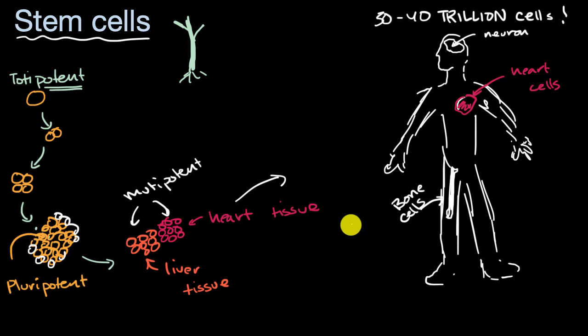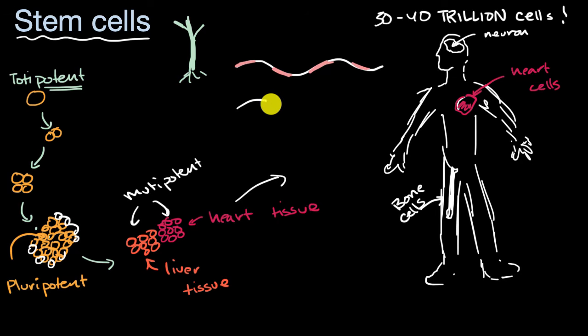Now, we could talk more about that, but one of the really amazing things about this is, how do you get all of this difference from that original cell? It turns out that every cell in your body, except for a few exceptions like red blood cells, has DNA, and they have the exact same DNA. So, for example, if this is a section of a given chromosome, and let's say that these are the genes on that section of the chromosome. So how does one cell become, say, a neuron, and another one becomes a bone cell?